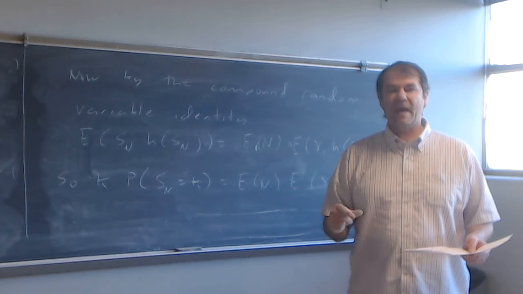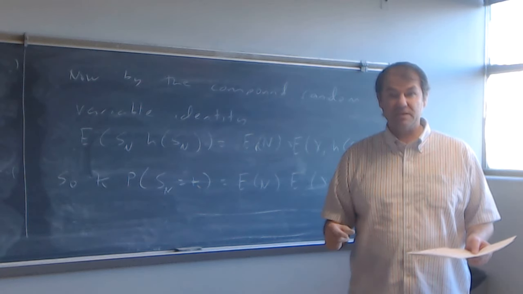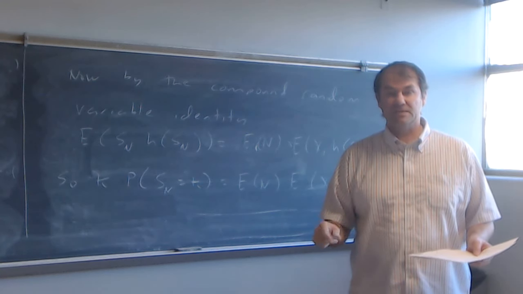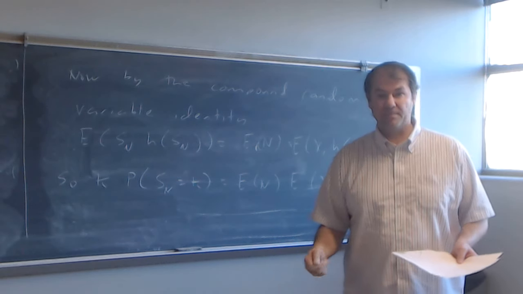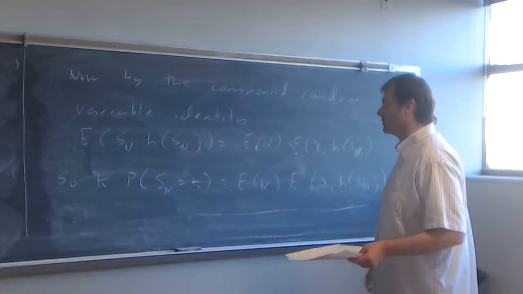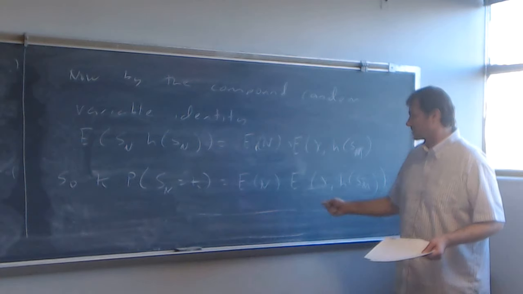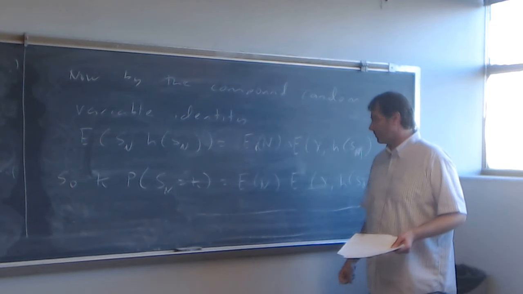We had a part when k was equal to 0, that's the probability that S of N is equal to 0, which is the probability that N is equal to 0. And for all other k's, for k bigger than 0, we have a different result. And we're working on that different result right now.